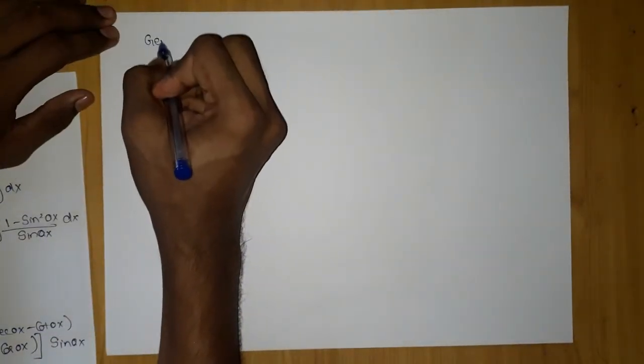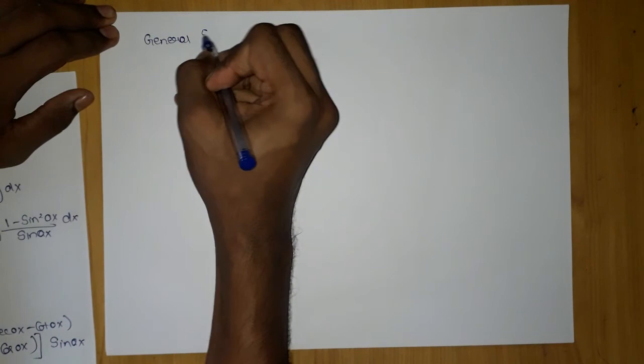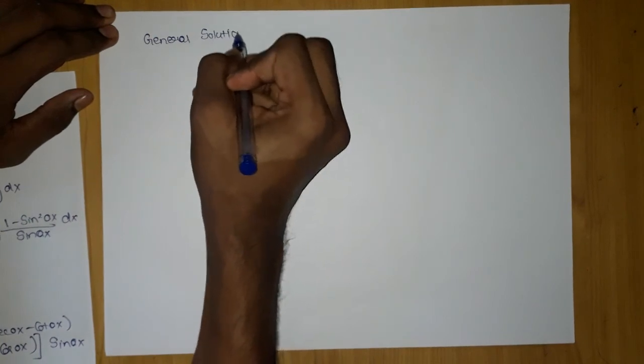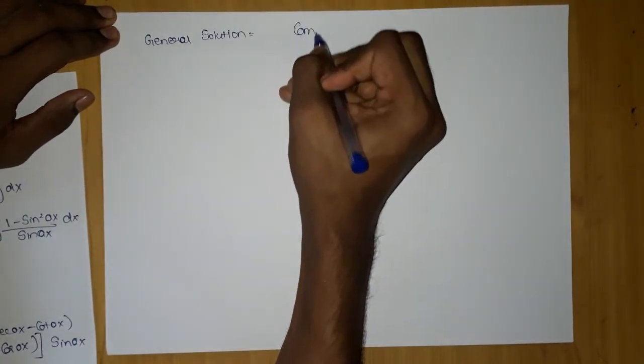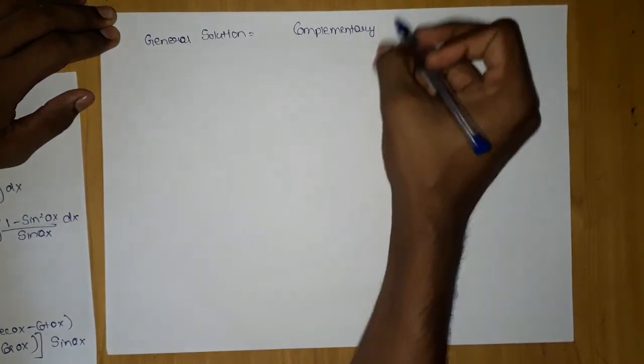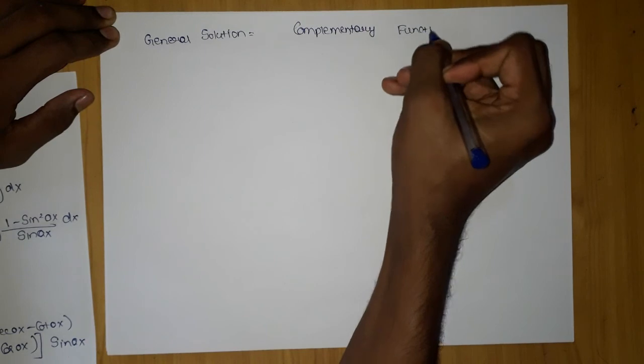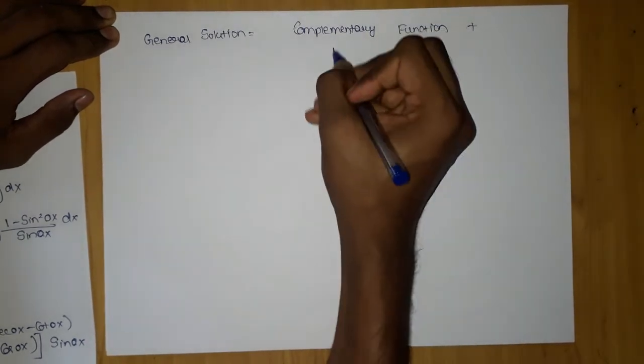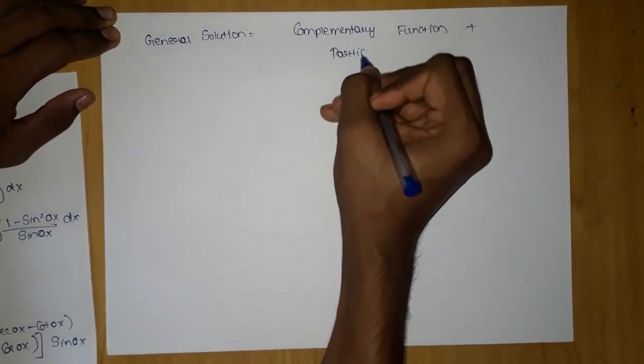Now we are going to write our general solution. General solution will be a combination of complementary function plus particular integral.